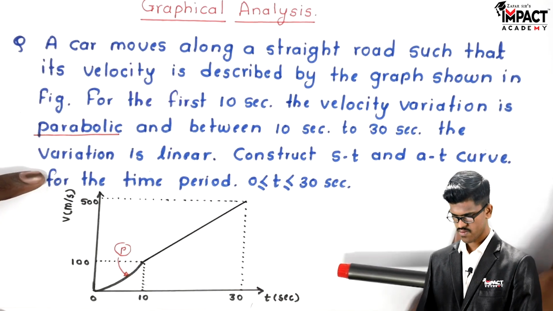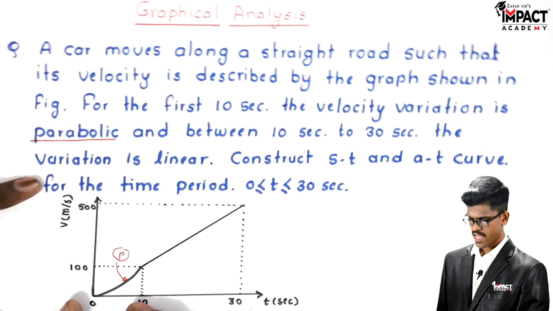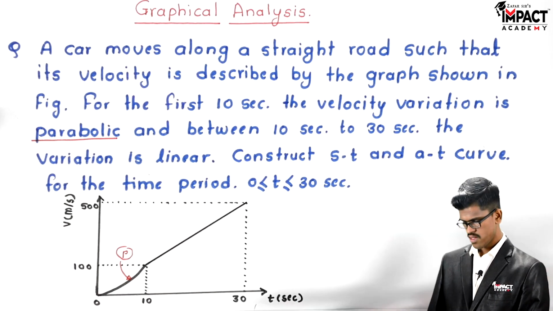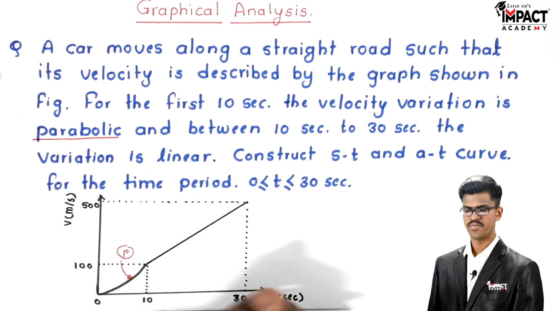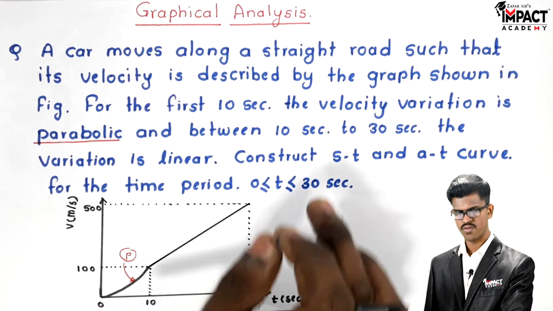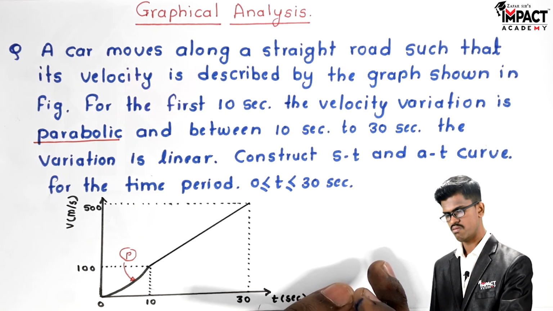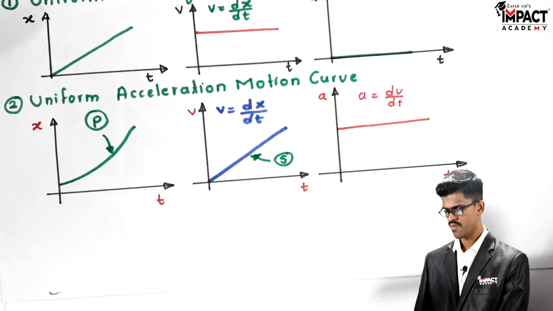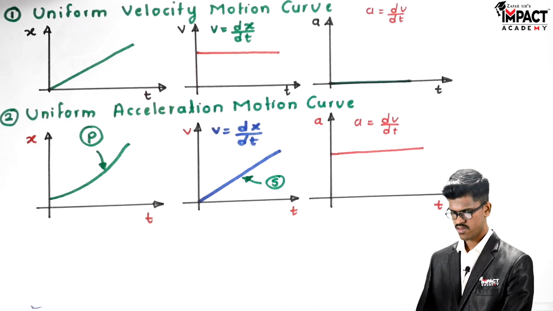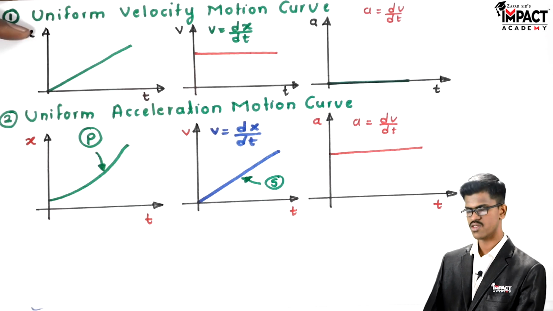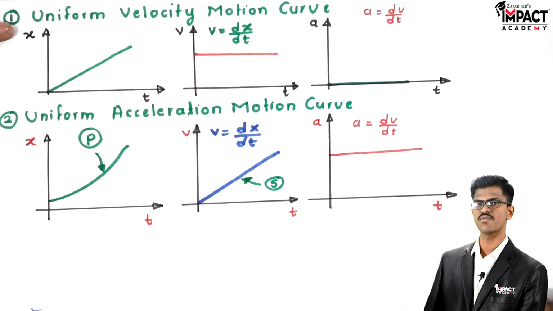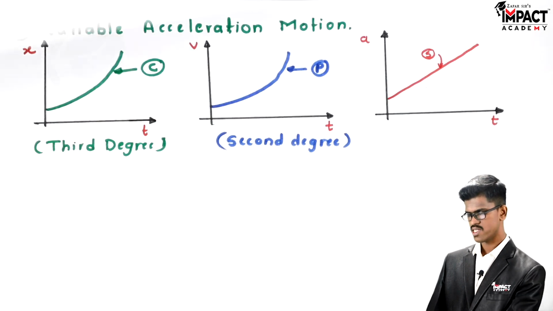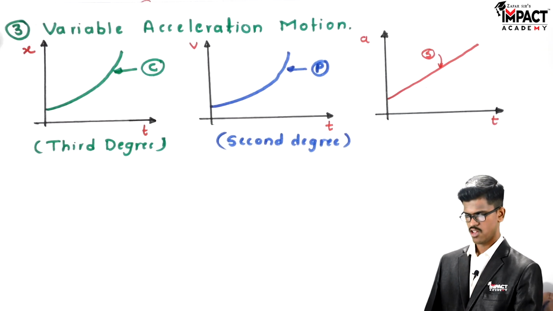So here, the VT curve for the time interval 0 to 10 seconds, the nature of the curve is a parabola. So we have three standard motions. First is uniform velocity motion, second is uniform acceleration motion, and third is variable acceleration motion.